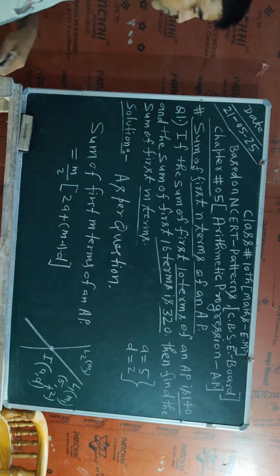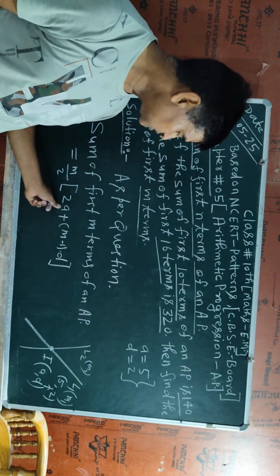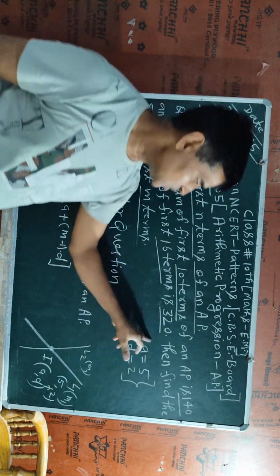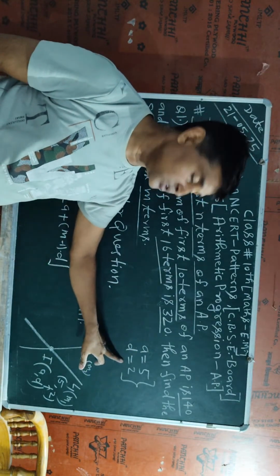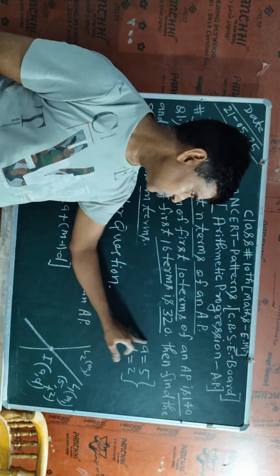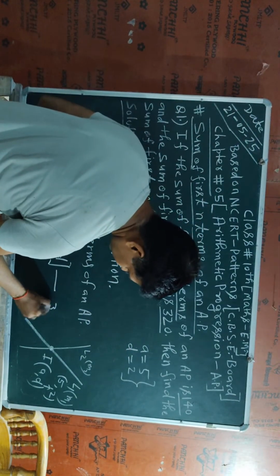Now in this information I have to substitute the value of a that is already obtained from the question and the value of d that is also available here. So I will substitute the values of a and d, and I will say this is expression number 3.